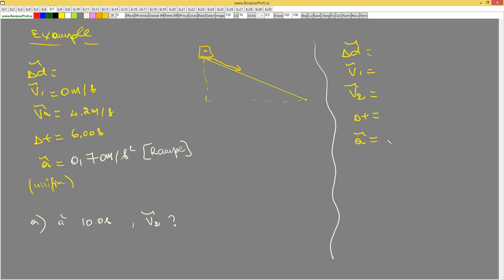The acceleration doesn't change, 0.70 meters per second squared. Delta T, we don't know what it is. Will V1 change? No, because it is the initial velocity, so it will not change. 0 meters per second. Will V2 change? Yeah, V2 will change. The time changed, so we are later: 10.0 seconds.